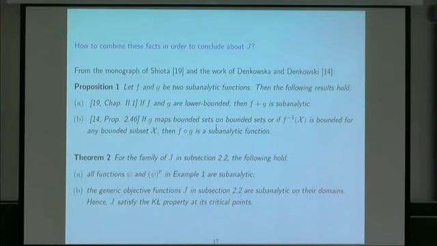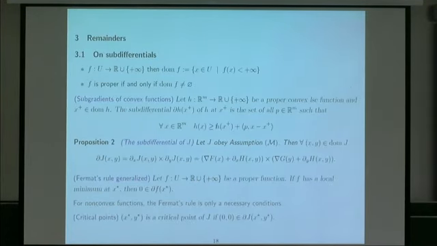Let me go to the next. Do we have time for some reminders? I did some reminders about subgradients of convex functions, the subdifferential of our functions, given the fact that the coupling term is biconvex, is of this form.